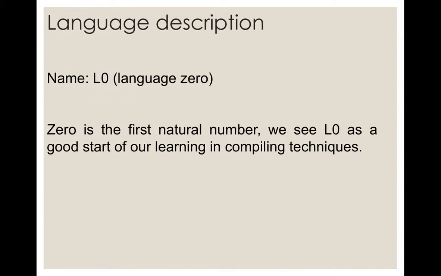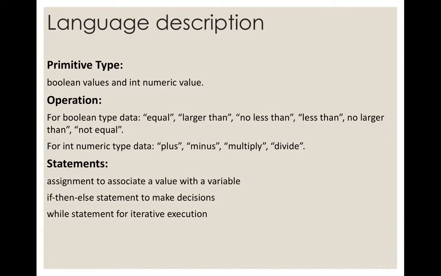So our project name is L0. As you see, 0 is the first natural number. We regard L0 as a good start of our learning in compiling techniques. We have two primitive types: one is Boolean and the other is int.